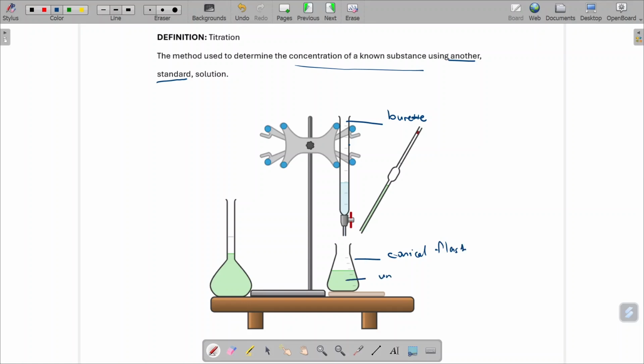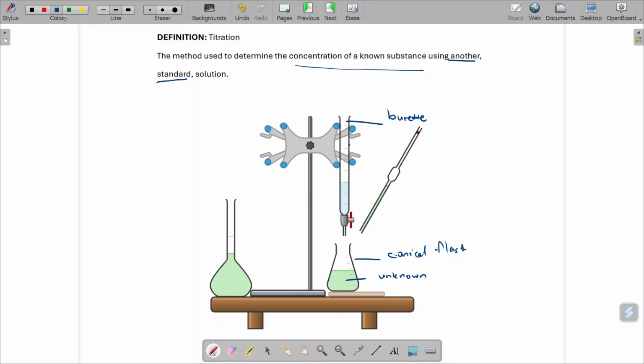This is our unknown. And it can be either an acid or a base. So it doesn't matter. You can add the acid to the base or the base to the acid, and the experiment will be equivalent. This is a burette holder. It is specially designed to keep the burette upright.